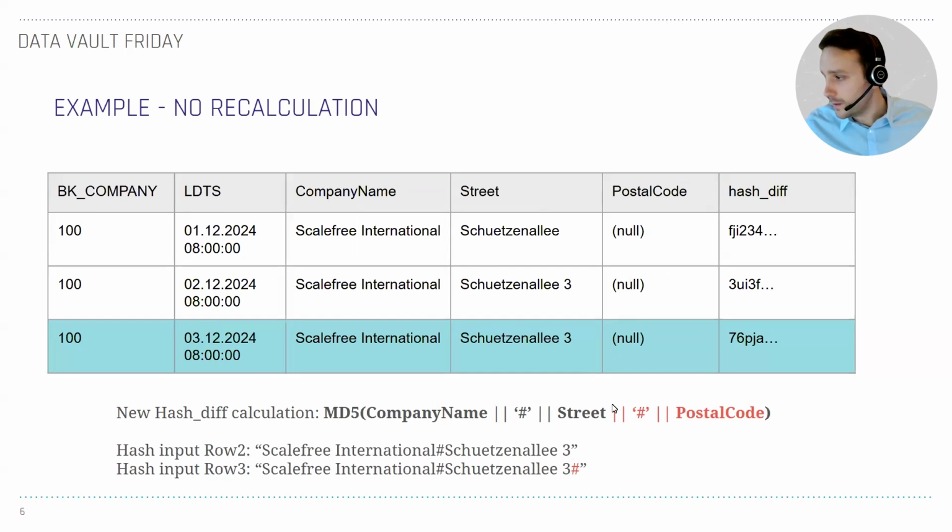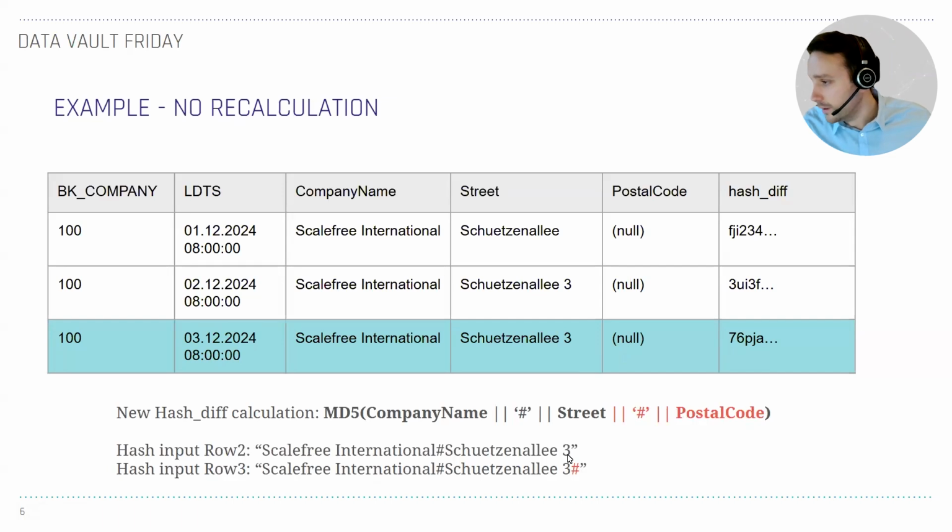So basically the new hash diff would be that the postal code is added at the end of the hash diff calculation. And now, as you can see here, the input for row 2 was still the old calculation, and the input of row 3 would now be with a trailing delimiter.